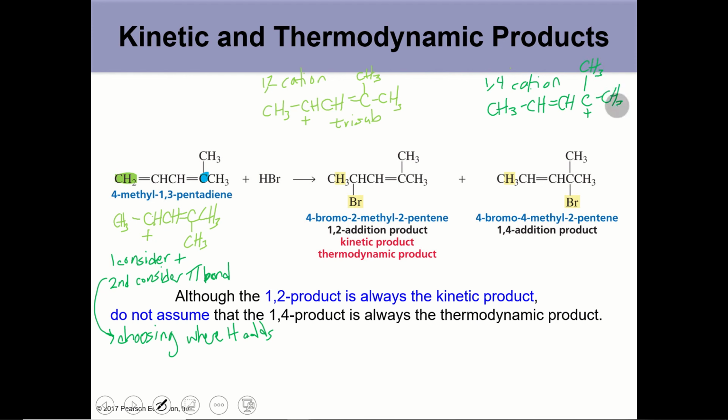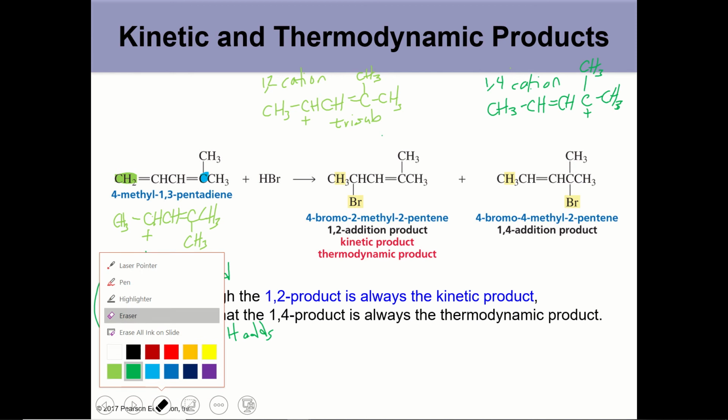But when we're choosing the thermodynamic product, we only consider the pi bond. We ignore the cation.